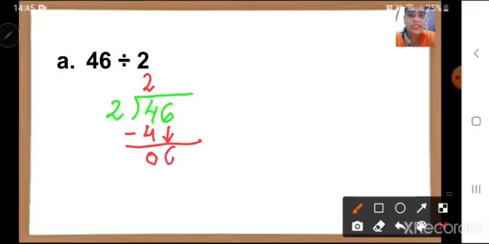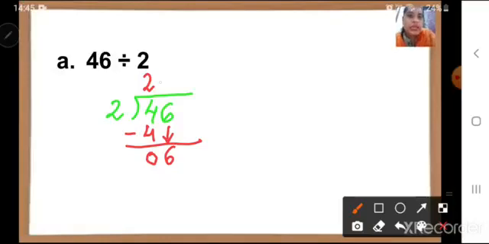You can draw an arrow here and write your number 6. Now we have to divide number 6. In 2's table, will number 6 go? Yes children, it will go. How many times? See, 2 ones are 2, 2 twos are 4, 2 threes are 6.